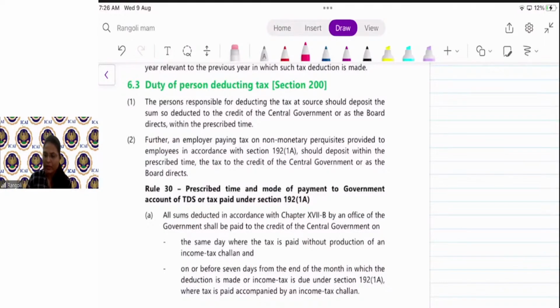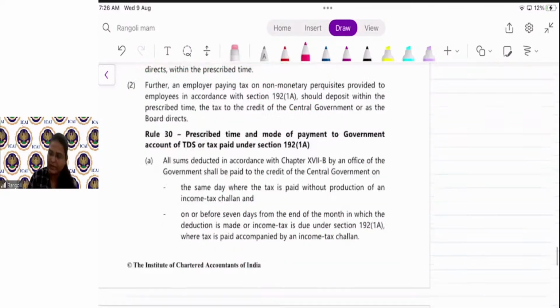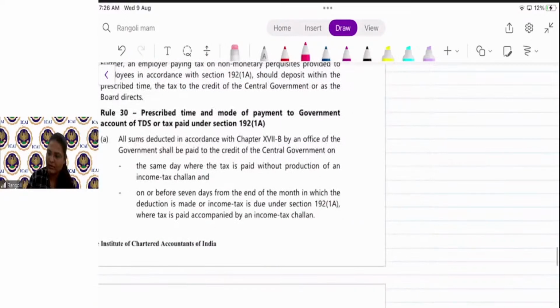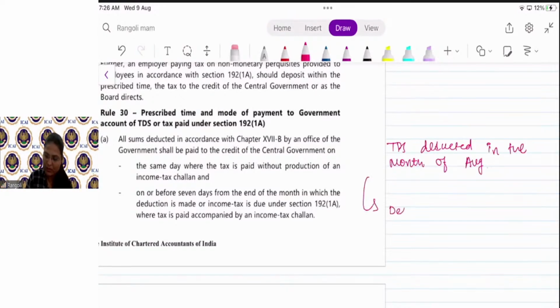Now, say for example, if TDS is deducted in the month of August, then it should be deposited to the government on or before 7th September.